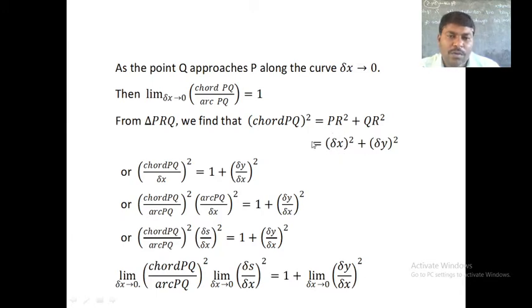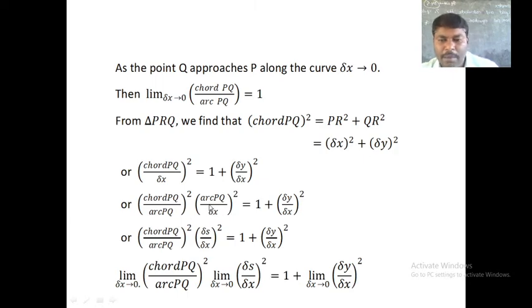This is equal to delta x whole square plus delta y whole square. Divide throughout by delta x whole square, so we get chord PQ by delta x whole square is equal to 1 plus delta y by delta x whole square.